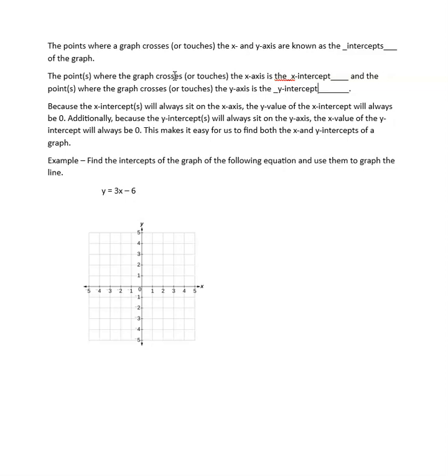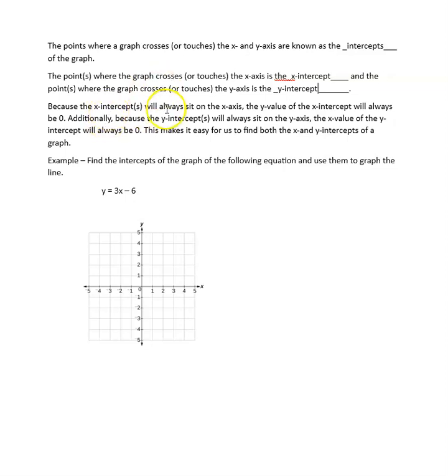However, when we look at other types of functions in the future, we're going to see that sometimes it doesn't cross, it kind of touches or bounces and goes back in the other direction. But we'll get to that eventually. For right now, all of our intercepts are going to cross.